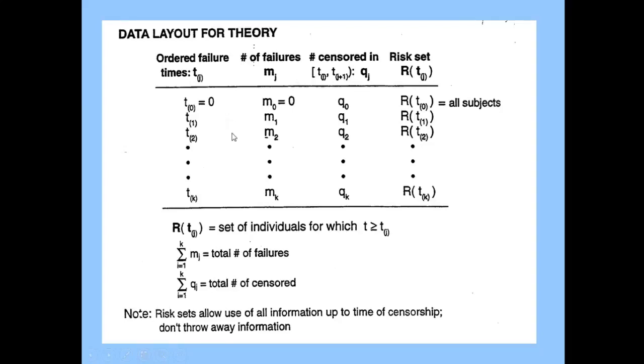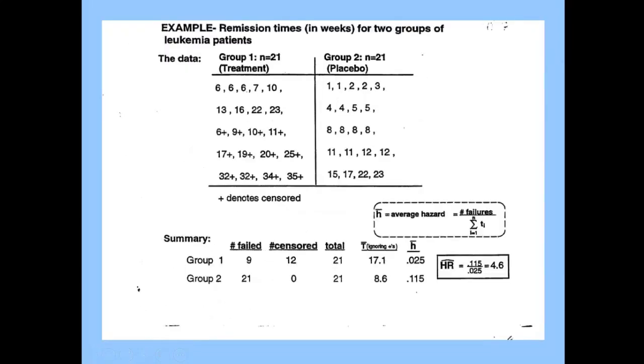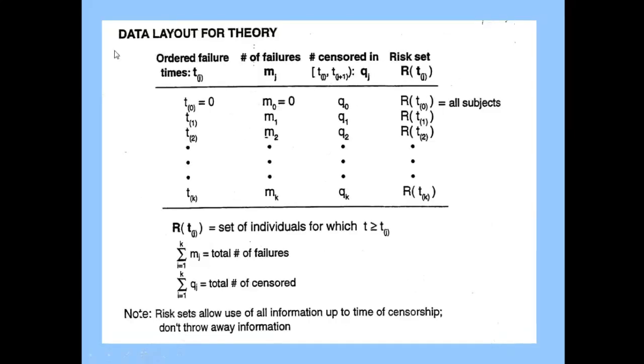None. How many people failed between the start of the study and the first time that somebody failed? What's M sub 1? 3, right? There were 3 people that failed between the start of the study and the first time that somebody failed. So T sub 1 is 6. Okay? 6 people failed at time 6.